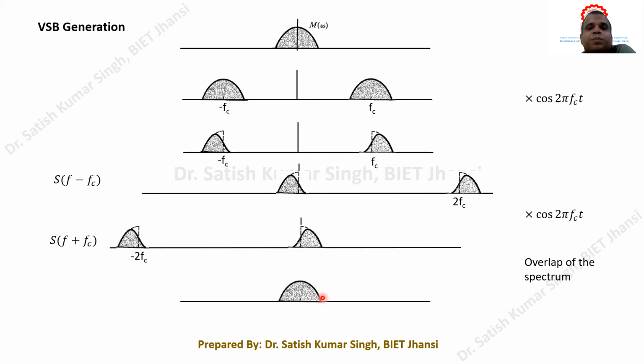What I am trying to explain is that if we demodulate such a VSBSC modulated signal by using the coherent, synchronous demodulation scheme, then a certain portion is going to overlap, and this overlap has to be controlled in such a way that when it is added together, the resultant signal is our message signal.